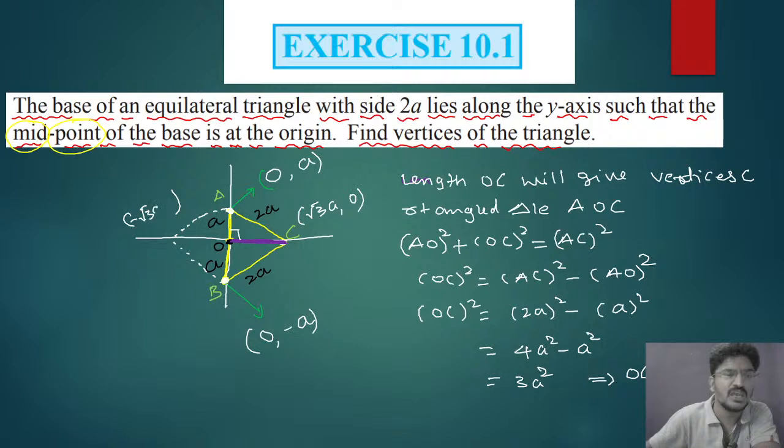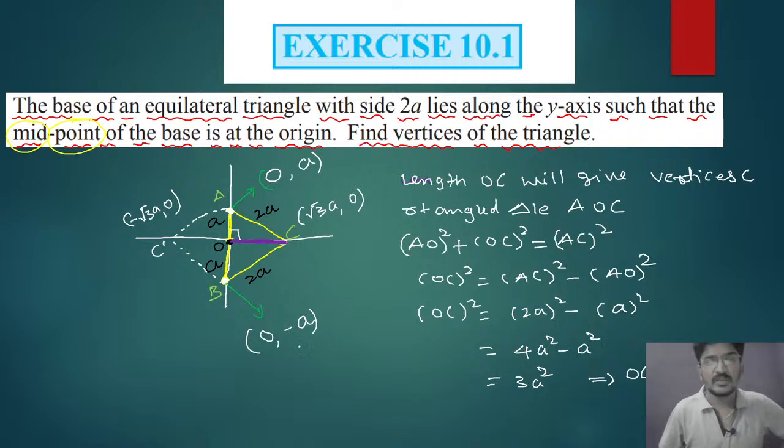Minus root 3A comma 0. So you can take this as C dash. Quickly tell me, all of you, have you understood this? Very good. So all of you are giving the right answers.